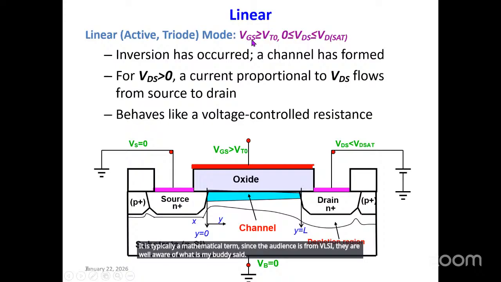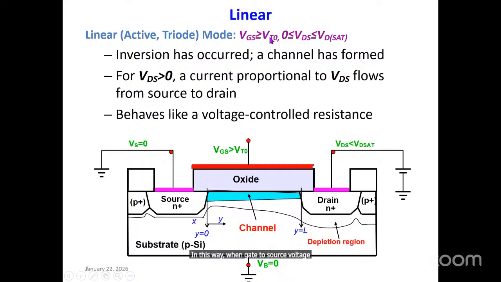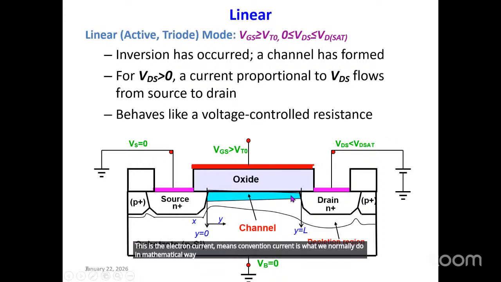In this case, the channel is induced and electrons move from the source N plus through the channel, entering the drain and going to the positive polarity of the battery. This is the electron current. Conventional current, as we normally use in the mathematical way, is from positive to negative, and drain current ID flows.